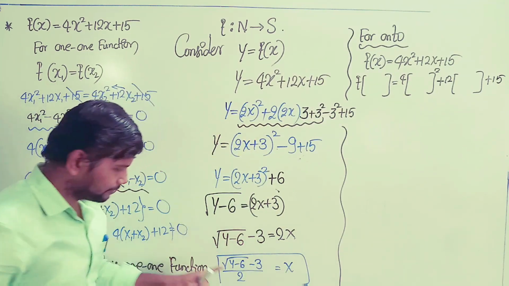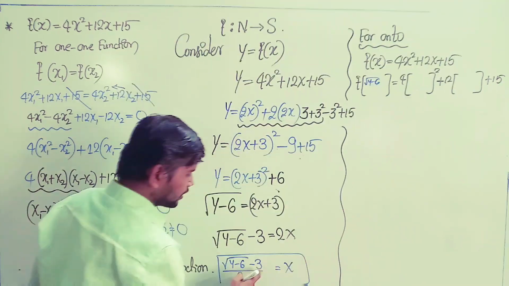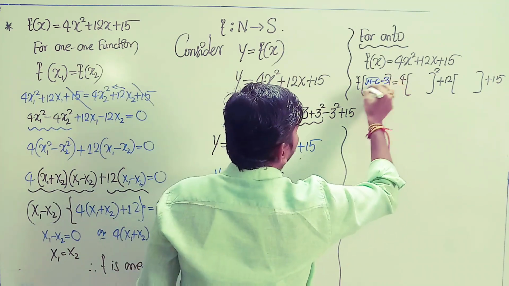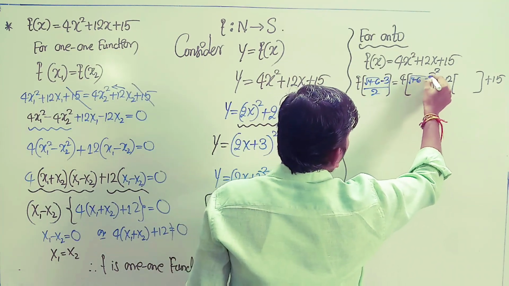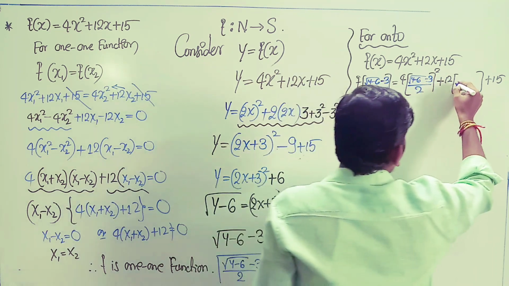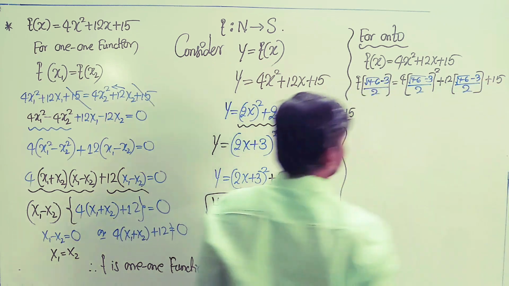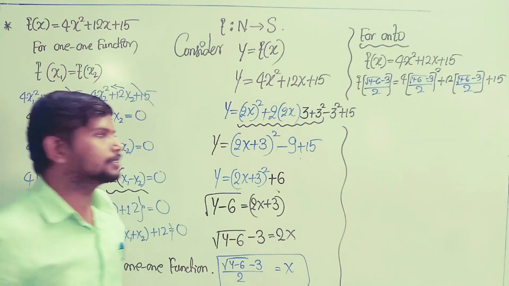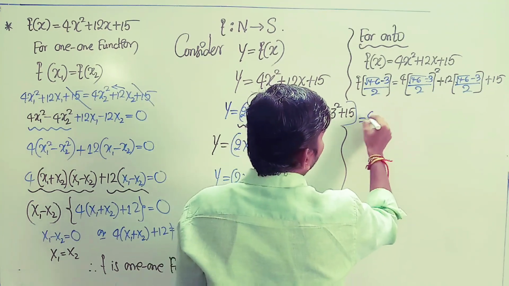What is the x value? Exactly. It is (square root of y minus 6 minus 3) by 2. Got it? Is it clear? Then after this, I need to write this one as a 4.